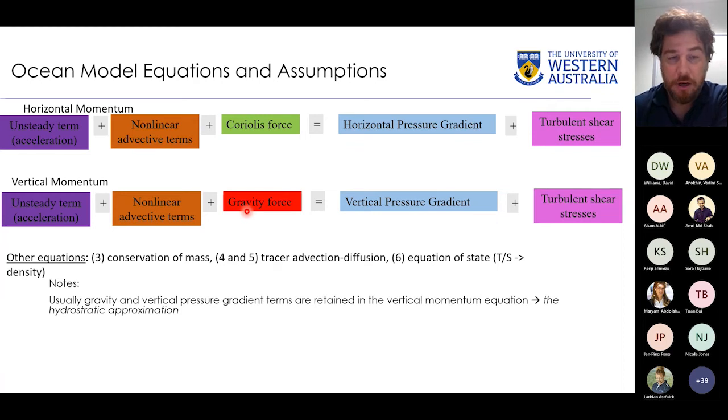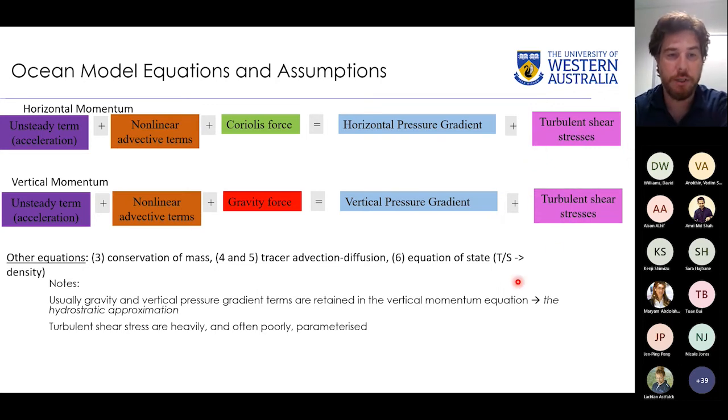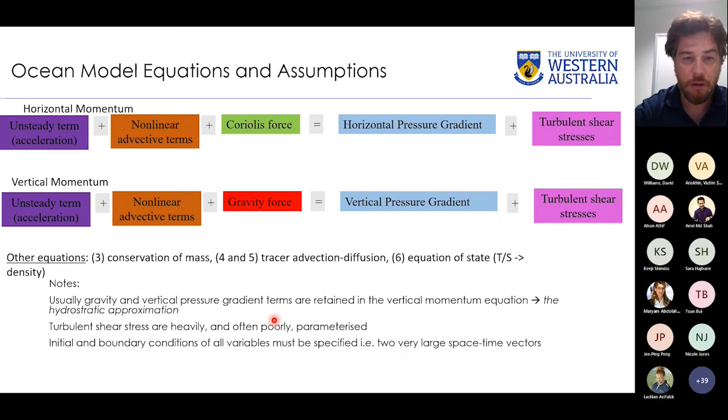This breaks down at finer scales. These terms on the right here, the turbulent shear stresses, and there are also turbulent terms in the tracer equation, are heavily parameterized, and sometimes poorly as well. So that's a major cause of uncertainty in these models.